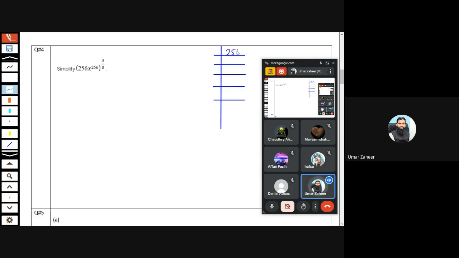Dividing 256 repeatedly by 2, we get 128, 64, 32, 16, 8, 4, 2, 1. So we will get 1, 2, 3, 4, 5, 6, 7, 8. We will get 2 raised to power 8, x raised to power 256, and whole raised to power 3 over 8.